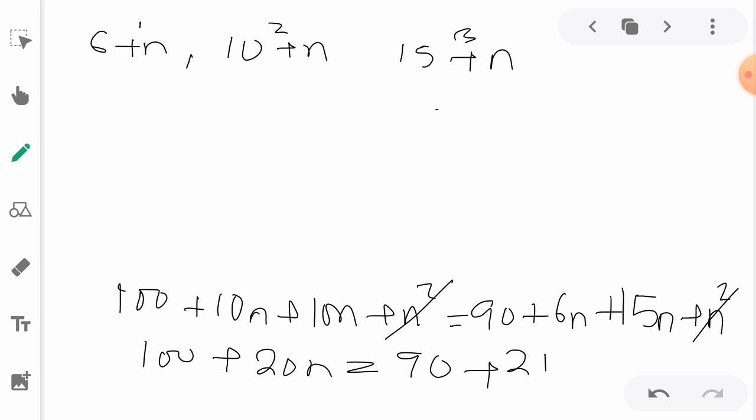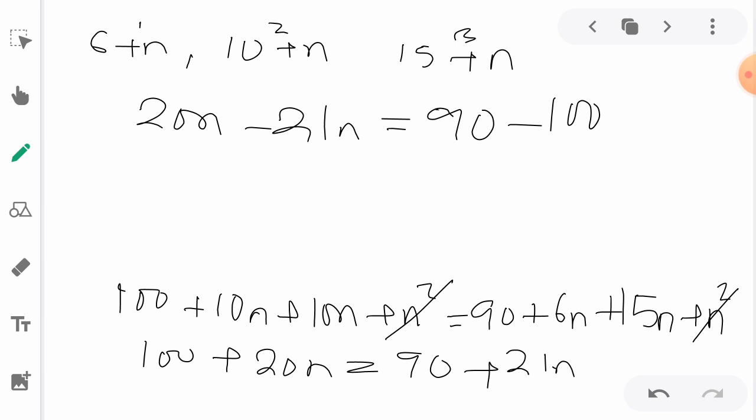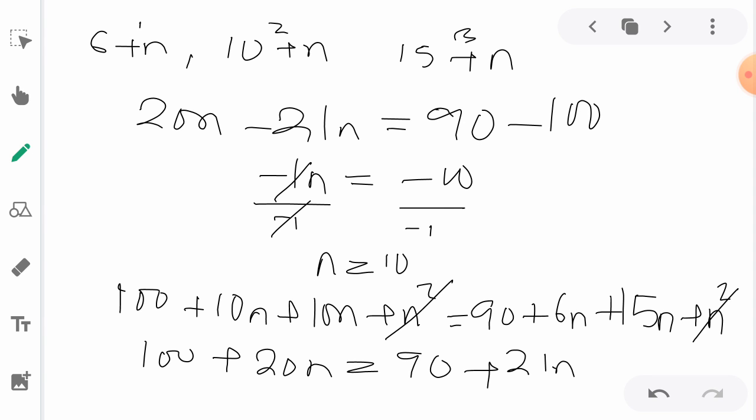So we have 100 plus 20n equal to 90 plus 21n. Then we collect the like terms. 21n will come to this side, and 100 will go to the other side. So 20n minus 21n gives negative n, equal to 90 minus 100, which gives negative 10. Dividing both sides by negative 1, n is equal to 10. That's the value of n.